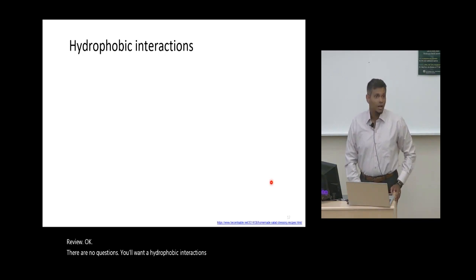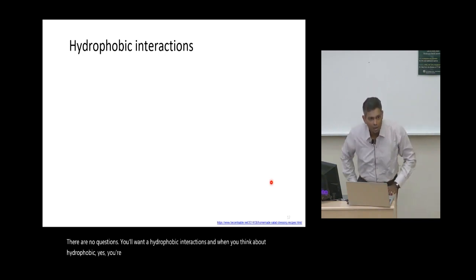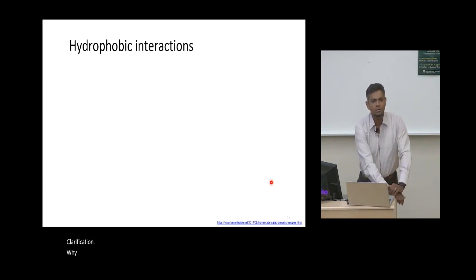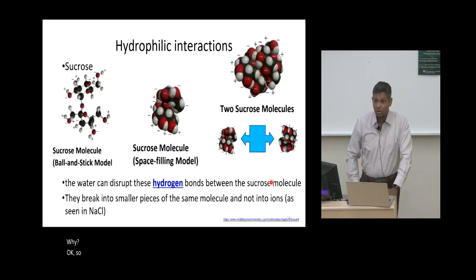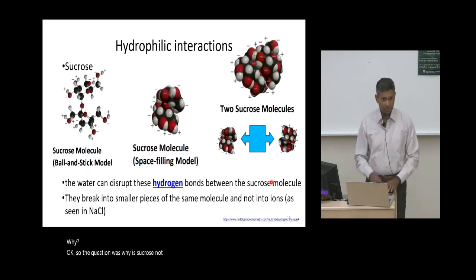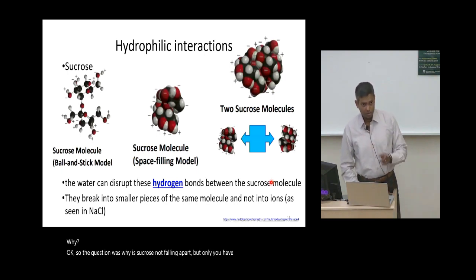And when you think about hydrophobic, oh yes, you have a question. I was going to ask for clarification on why sucrose responds differently from sodium chloride. Okay, so the question was why is sucrose not falling apart, but the sodium chloride is, right?